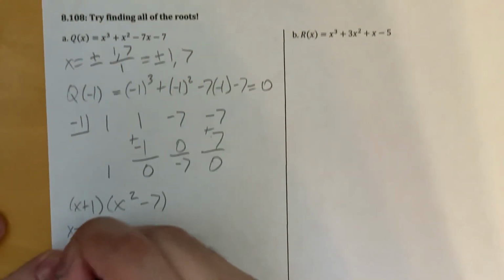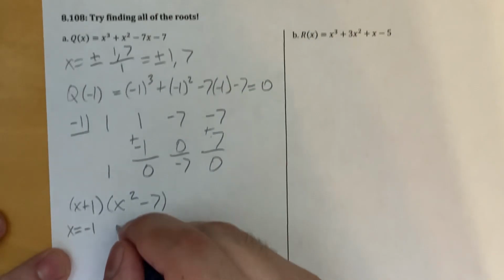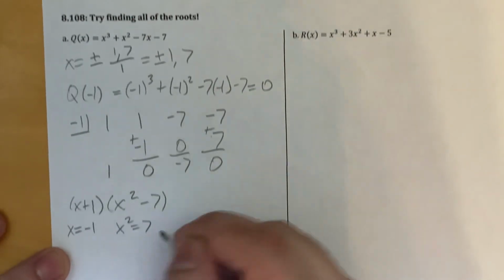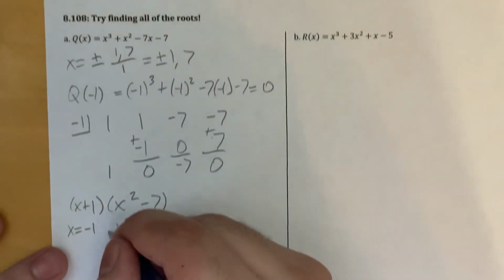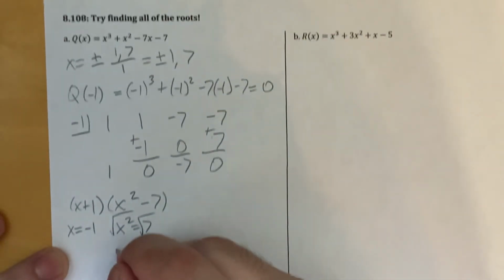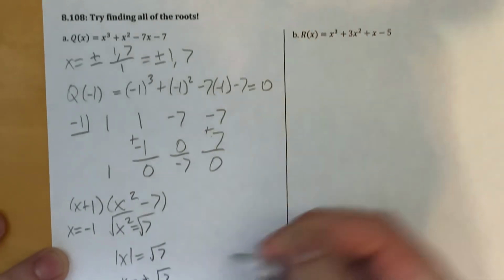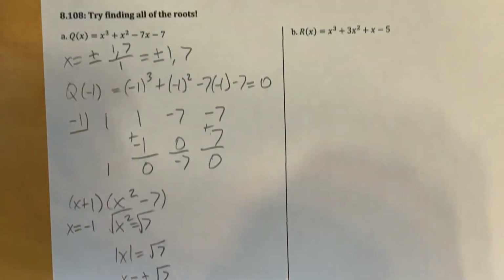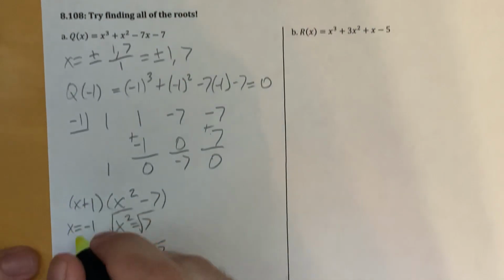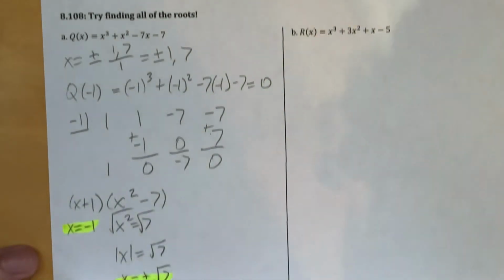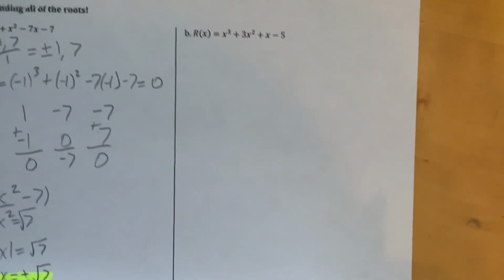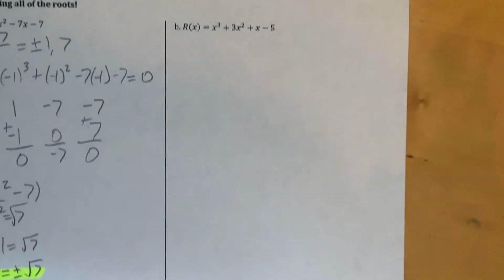So we get x equals negative 1 and x squared equals 7. So I'm going to square root both sides, and then I'm going to get the absolute value of x equals square root of 7. X equals plus or minus square root of 7. Now I'm going to highlight my answers. There we go. Good to go.